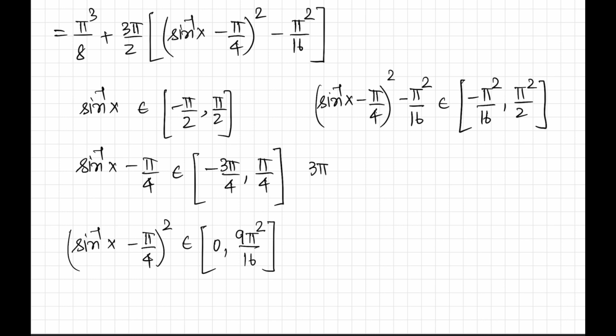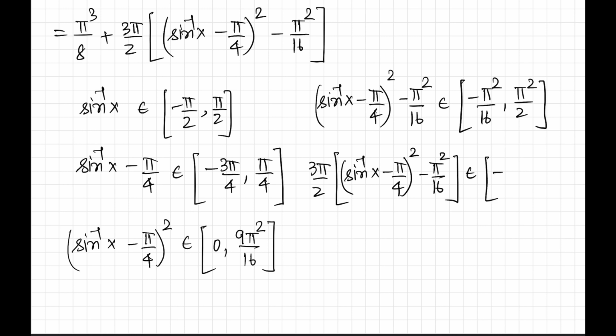So this will belong to minus 3 pi cube by 32 comma 3 pi cube over 4.